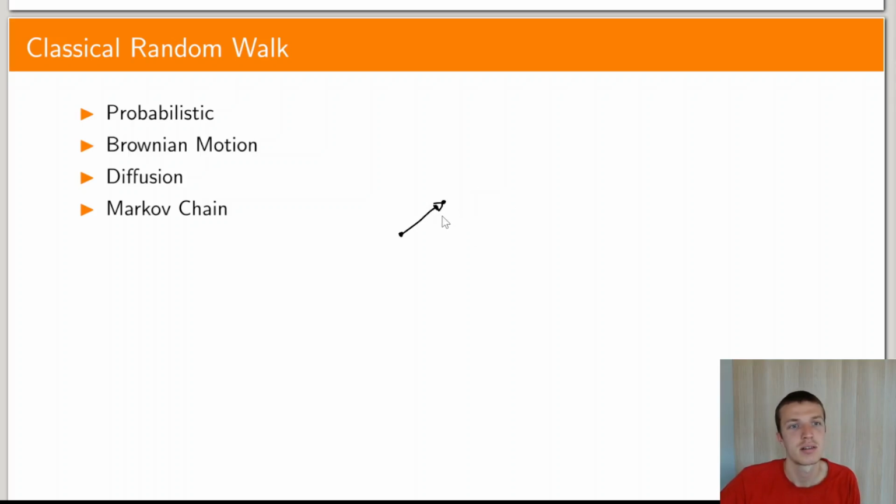Then the walker walks and picks another random direction and so on, and the resulting motion can describe Brownian motion, and it's also visible in diffusion processes.